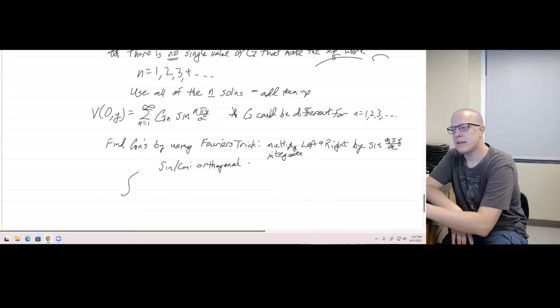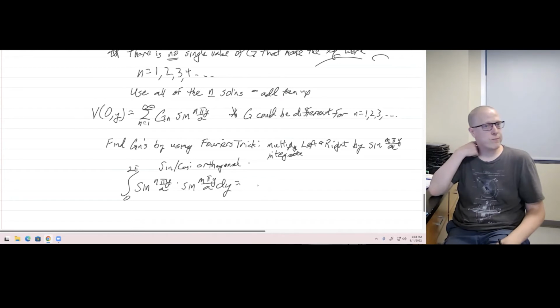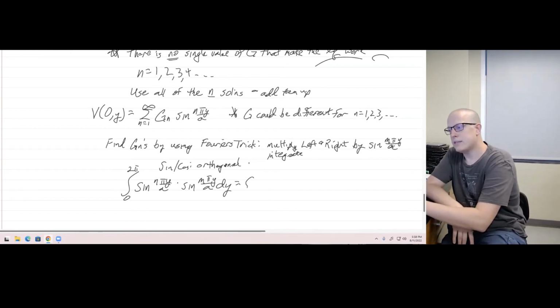And what that means is if I take a sine of n pi y over a times a sine of m pi y over a, and I integrate from 0 to 2 pi, just going over one full period, what you get is two different possibilities.